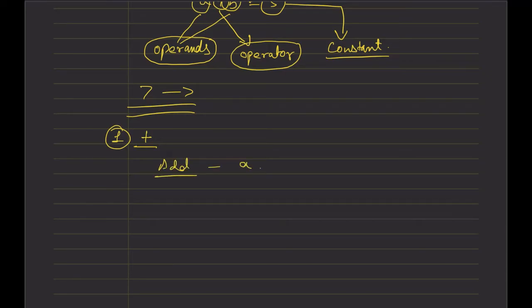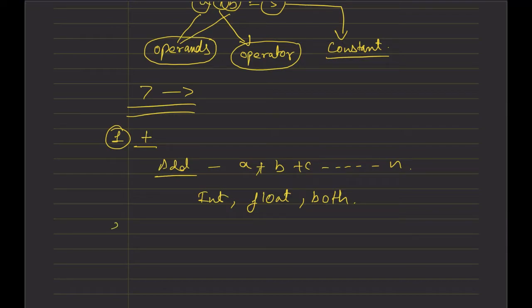So I can say a plus b plus c, and so on. If you want to add variables, you can do that using the addition operator, and the addition operator works on 2 types of data, that is integer and float, or both.